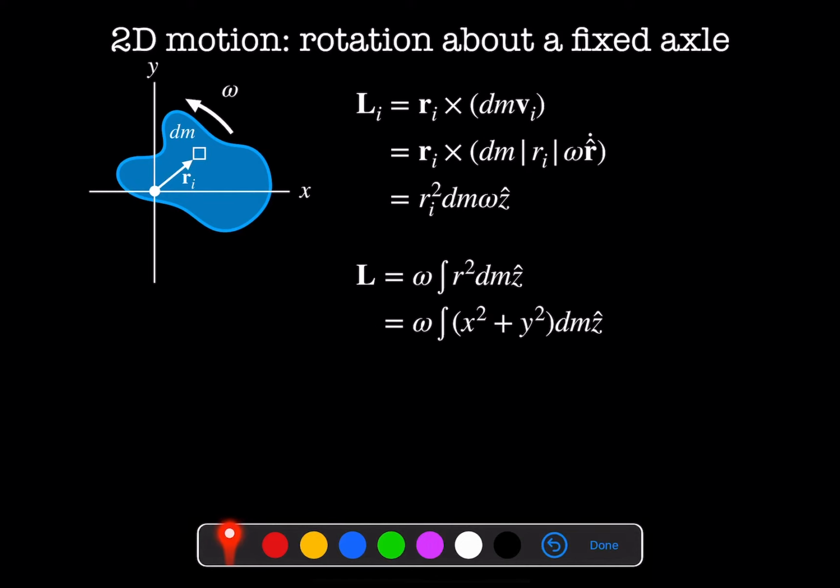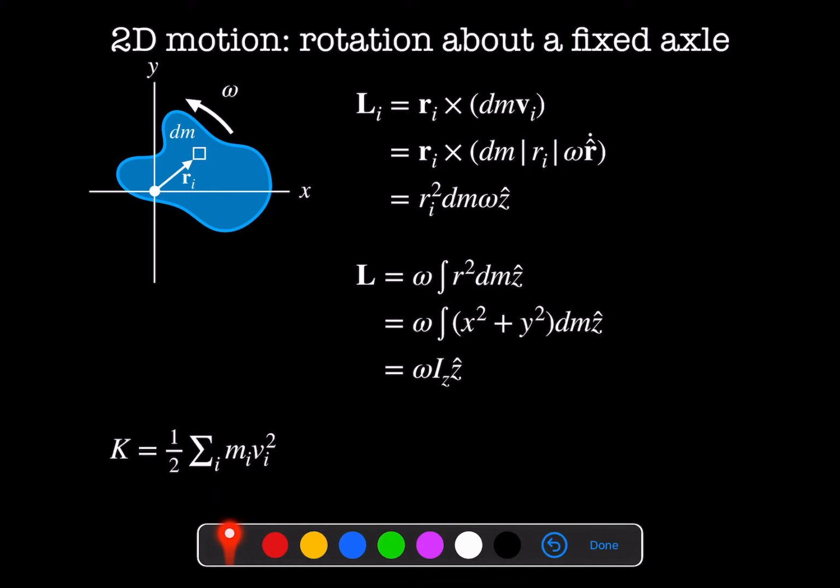Since we're in the xy plane, r squared is just x squared plus y squared. This integral here gives us the moment of inertia about this object rotating about an axle that is in the z direction. That gives us omega times the moment of inertia in the z hat direction.